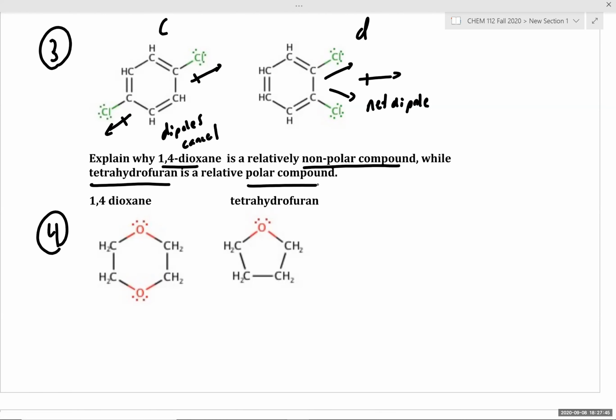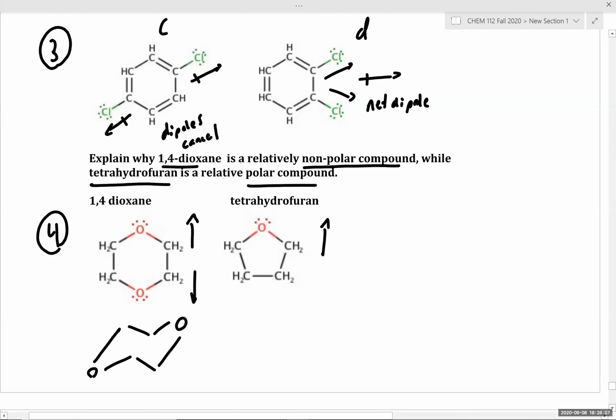Is it because the dipole forces cancel out? Exactly right. And tetrahydrofuran has a net dipole towards oxygen because of its electronegativity. Exactly right. And the dipoles don't quite cancel out because dioxane actually looks something like this.